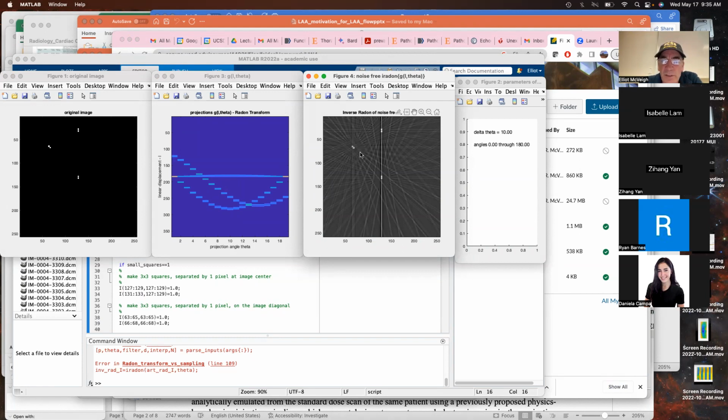And then this is the resultant image from this sampling, the inverse iRadon transform of this data to get an estimate of the picture. And in this window, it gives the parameters of the sampling. So here we took a projection every 10 degrees. Delta theta was 10 degrees, and we did our projections from 0 through 180.